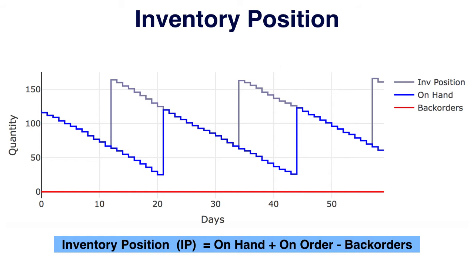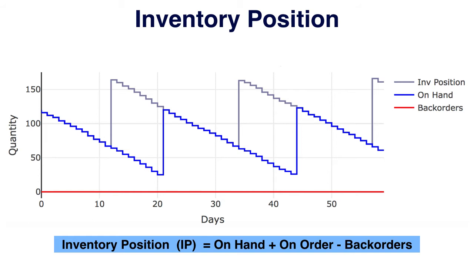It means that an order has been placed there, and then it keeps coming down and joins back at the point when the blue line comes back. So the time difference between the gray line going up and the blue line going up is the replenishment time. But we will talk about all of those one by one. So this is the inventory position.